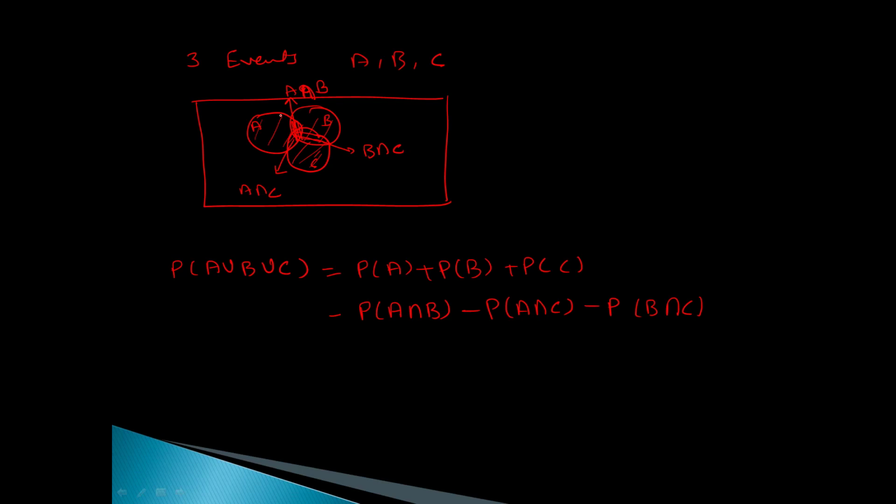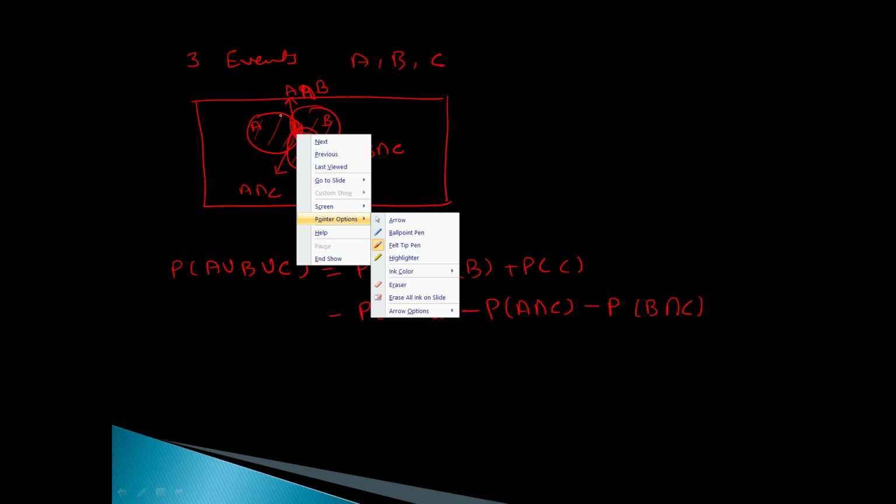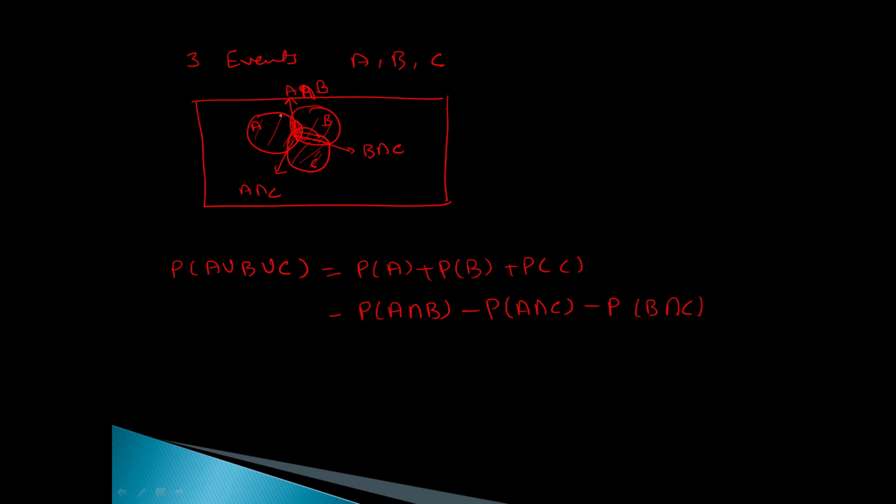Now let me change the color of the ink so that it becomes a little clearer. When we subtract these pairwise probabilities from P(A) plus P(B) plus P(C), in doing so we have excluded the probability which is there in the inner circle.